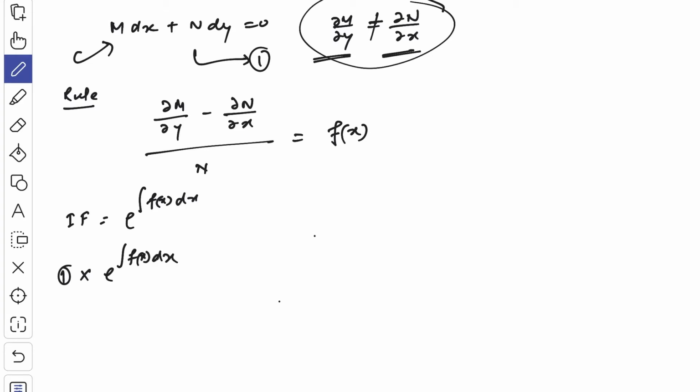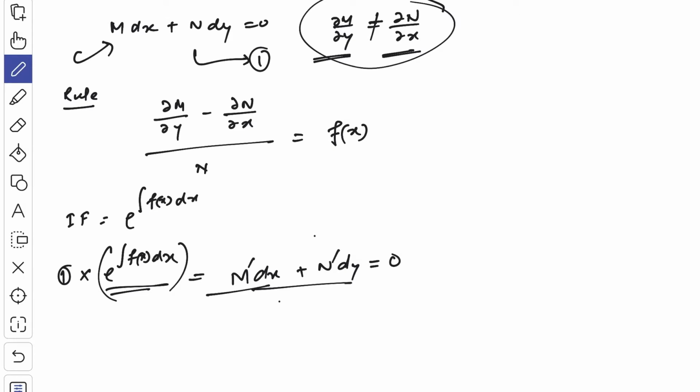Then we will integrate to get the solution, as we did in the case of exact differential equations. After multiplying, we will again get an equation of the form M' dx plus N' dy equal to 0.